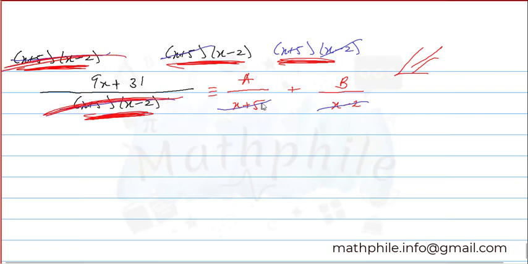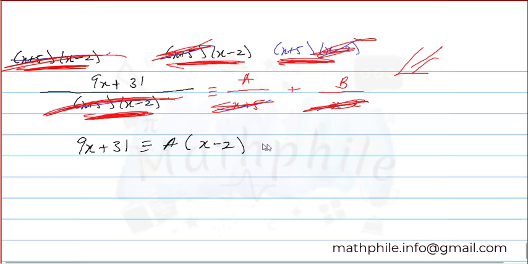Then (x + 5) cancels the (x + 5), leaving you with (x - 2). And this (x - 2) cancels the (x - 2), leaving you with (x + 5). So ideally, we are left with 9x + 31 is identical to A(x - 2) + B(x + 5). Are we good? Yes, sir.